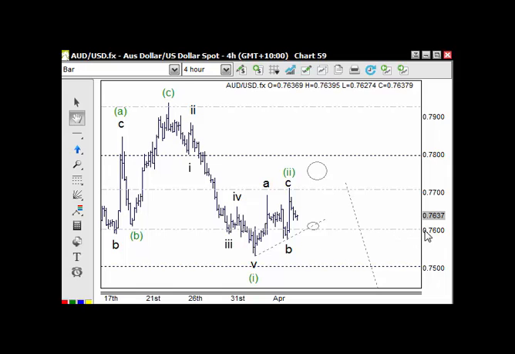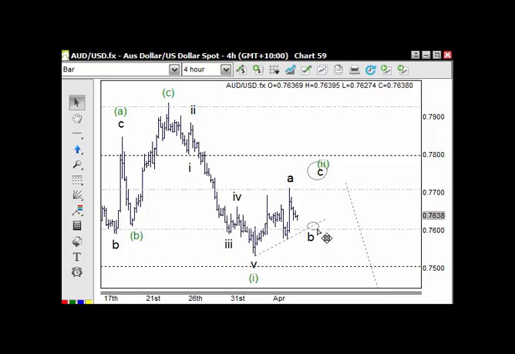So the 76 here as a retested resistance would help that situation, and the reason for that is because from that low to that high there, if this correction, this rally was going to get any bigger, then it would be like this here. It would be the A wave to here, the B wave here.